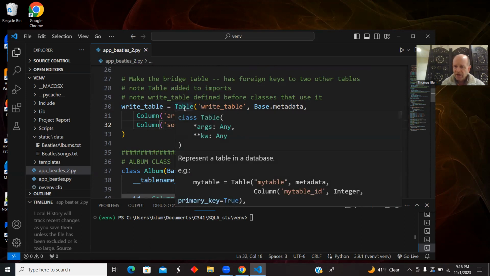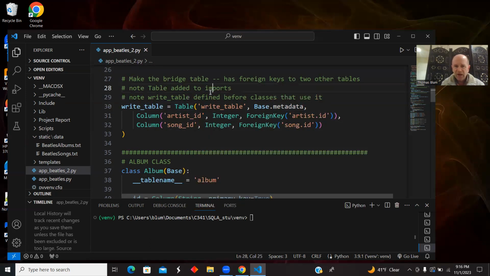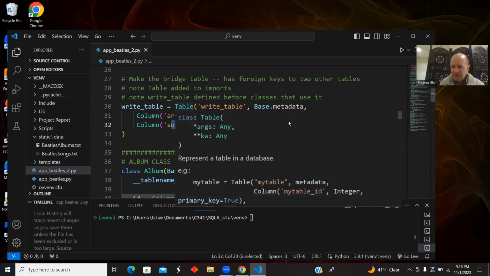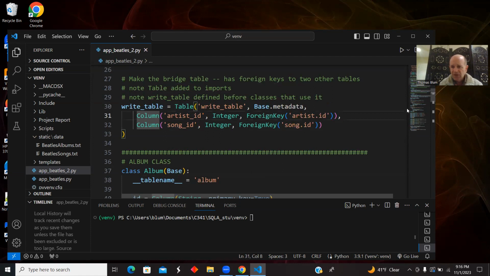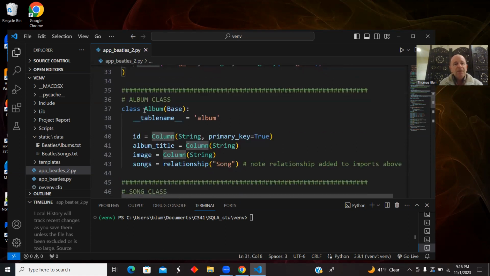The song was also written by Paul McCartney, so I get another record, with Paul's ID and that same song's ID. So that's the game. That's what the write table does for us. Okay. Now we move on to the album class.